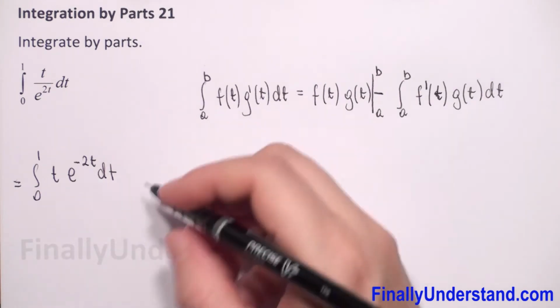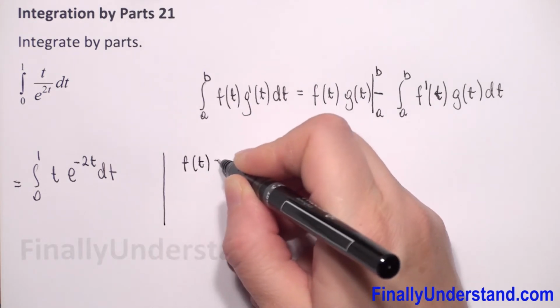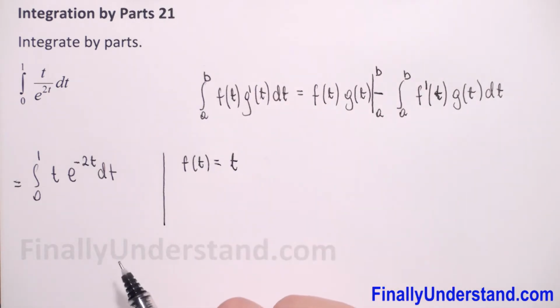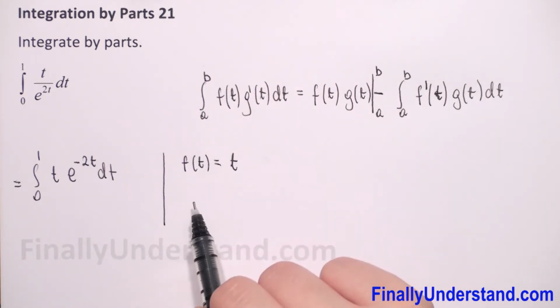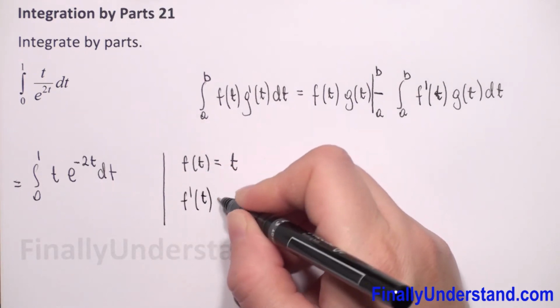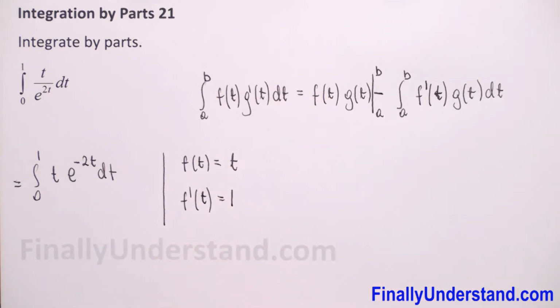Next, we just put that our f of t is equal to t. Why do I put f of t equals t? Because now when we take the derivative of f, we will get just 1. We reduce our t from our expression.